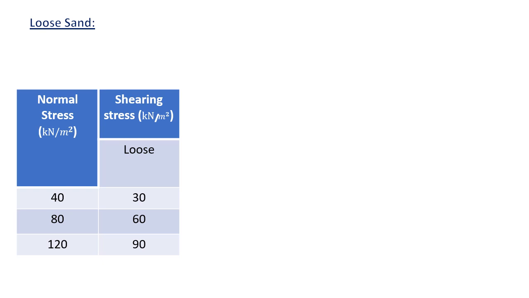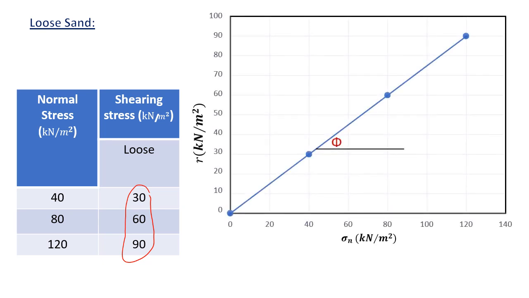For the loose sand, we already know that the shearing stress decreased when you transferred from the dense state to the loose state. So all you have to do is to plot these new stress states on the same graph or on a new graph paper.